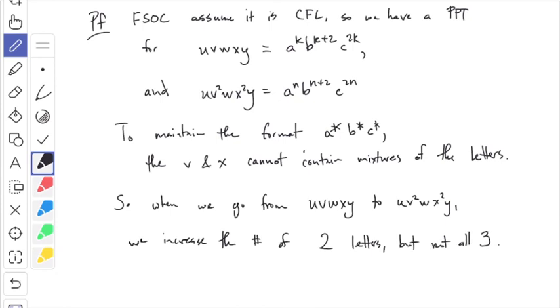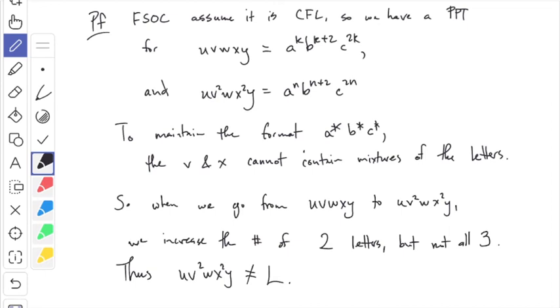This is usually what your reasoning will be in this kind of proof. We are increasing the number of two of the letters, but not all three of them. And thus, u, v squared, w, x squared, y cannot be in L.